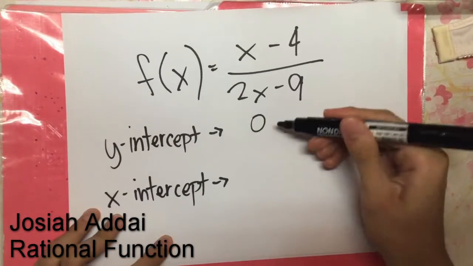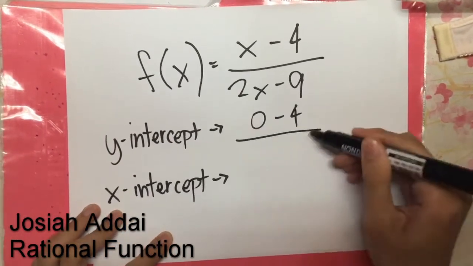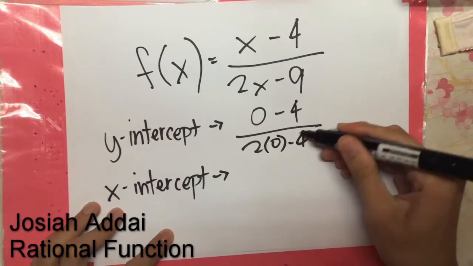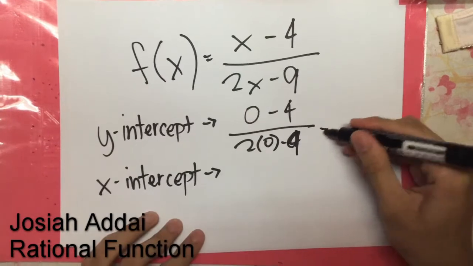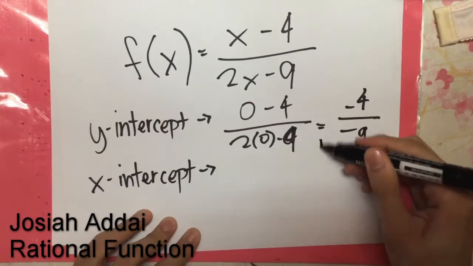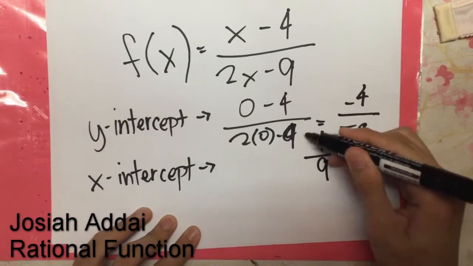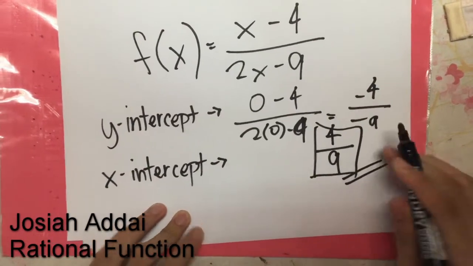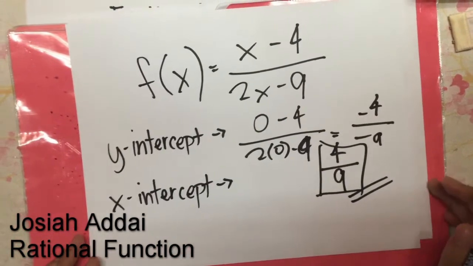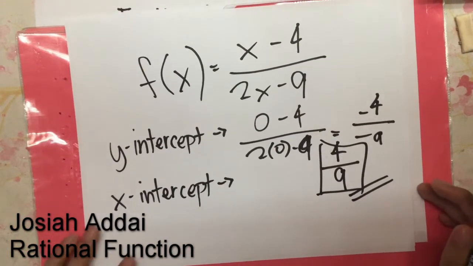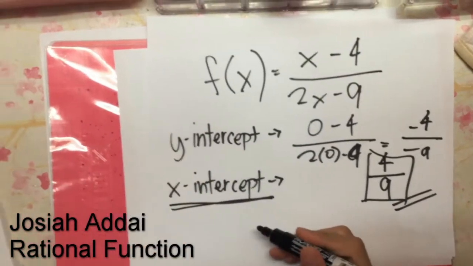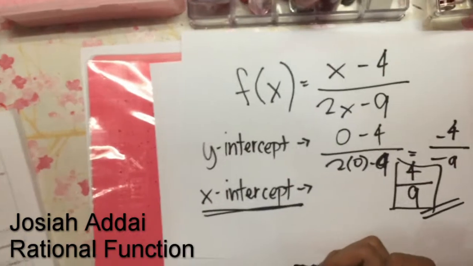In the y-intercept, we're going to set x to 0. So 0 minus 4 over 2 times 0 minus 9. So that will be negative 4 over negative 9, or simply 4 over 9. So this will be our y-intercept. And in the x-intercept, we just have to set the numerator to 0.